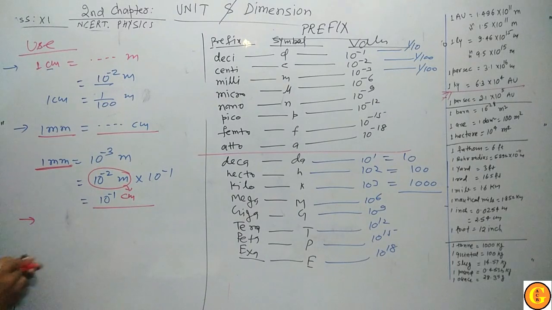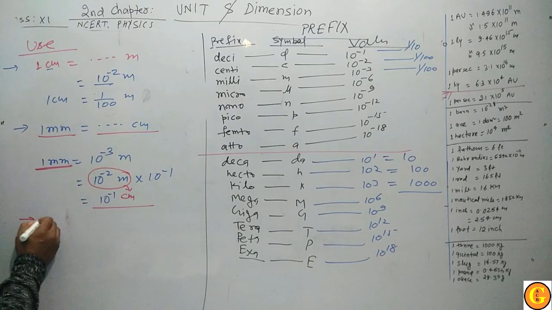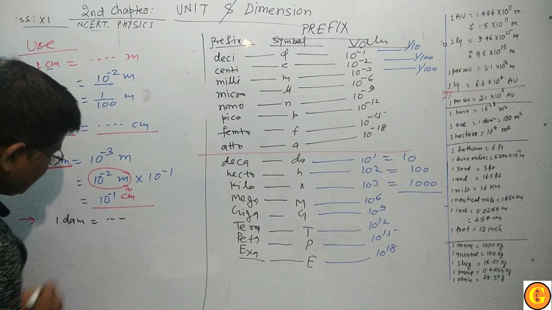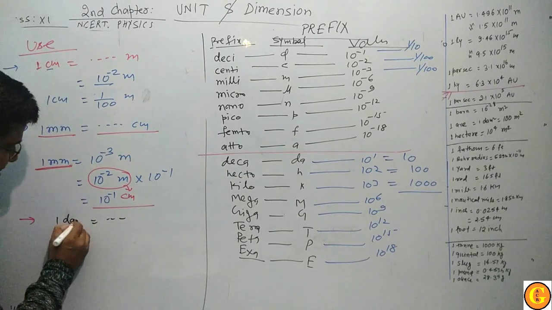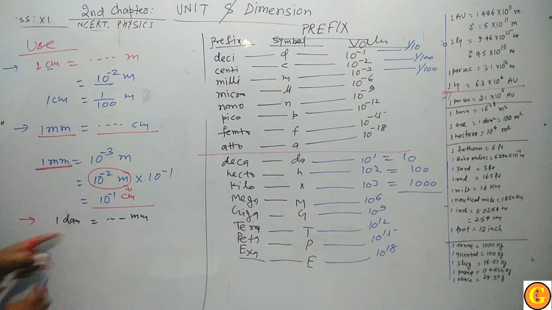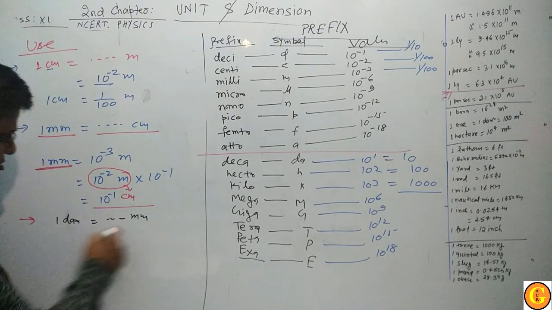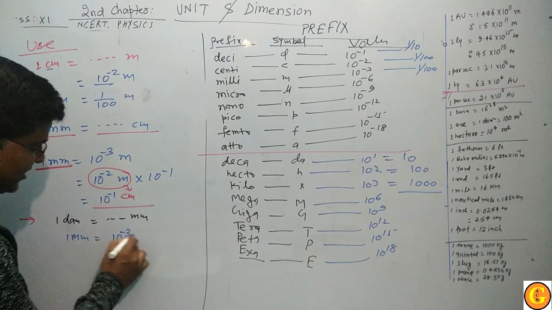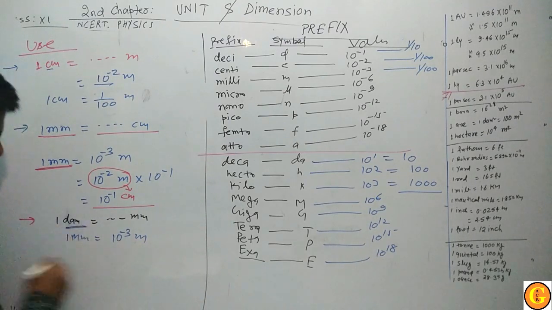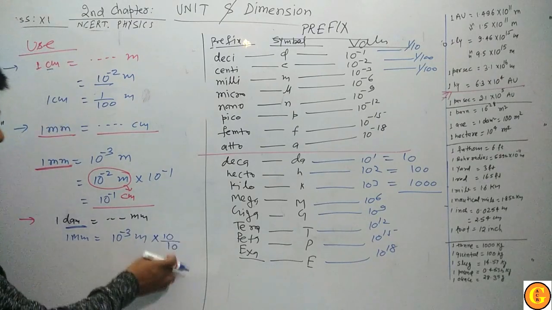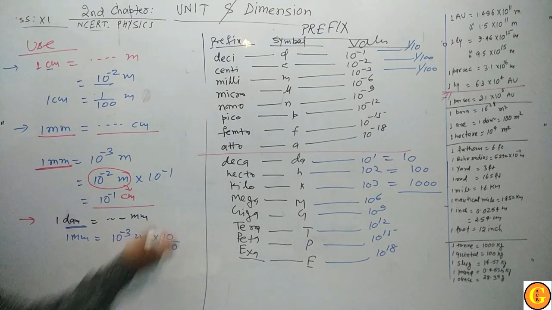One more example: suppose someone asks, 1 decameter is equal to how many millimeters? Then 1 millimeter is equal to 10 to the power minus 3 meter, but here it is decameter and there is no value of deca, so you put the value of deca in the denominator and numerator.